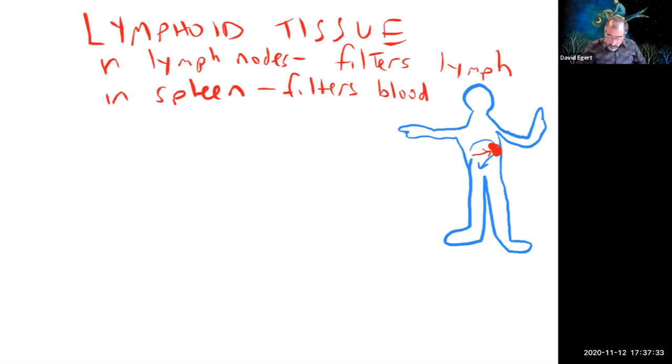And the blood that is inside the spleen is getting cleaned up by those white blood cells. This is where you're recycling worn out red blood cells, stuff like that. So the spleen is basically a filter that is getting rid of worn out blood cells, as well as getting rid of anything else that shouldn't be there.